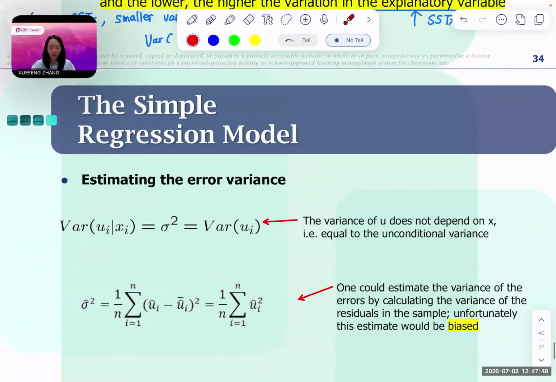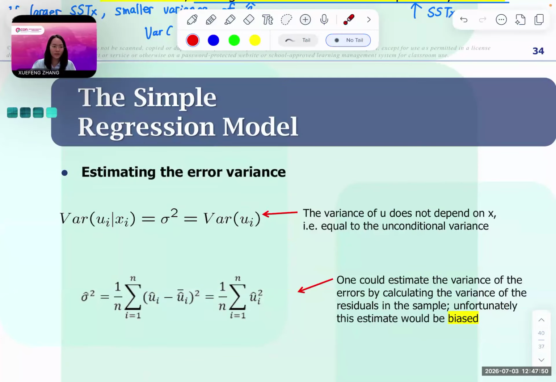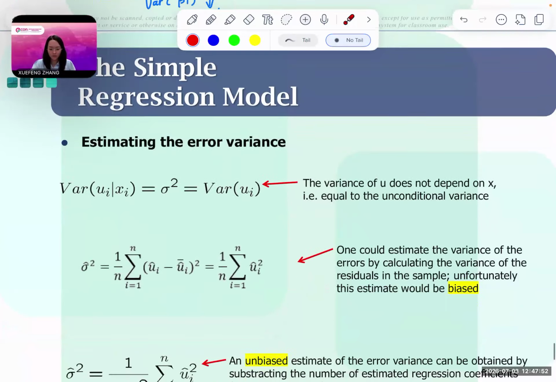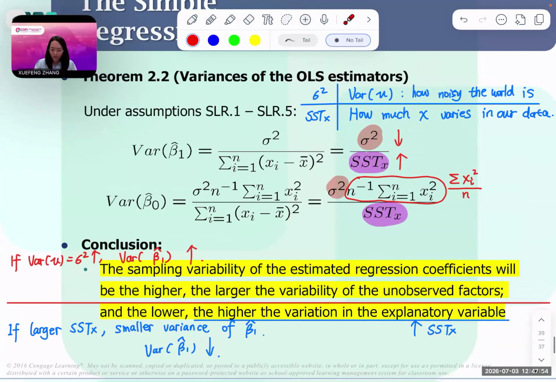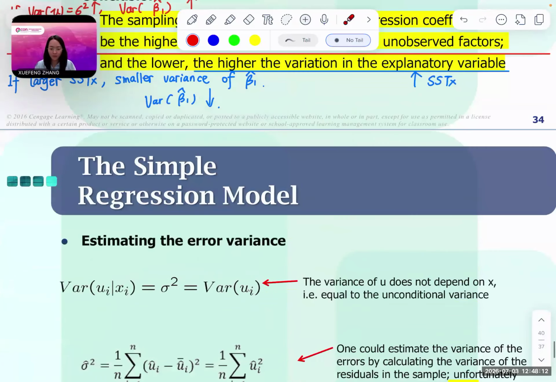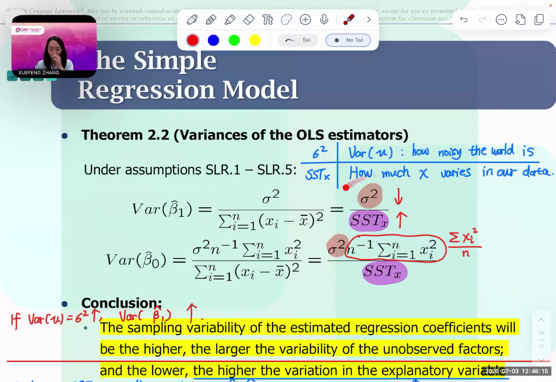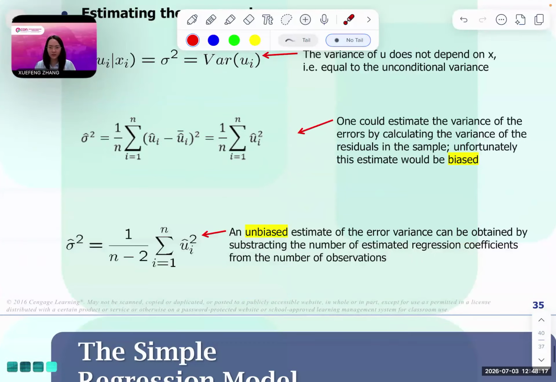Let's move on. So this slide showed you how we calculate the variance of beta 1 hat and the variance of beta 0 hat. Next one, because we need to know sigma square, right? The variance of mu.